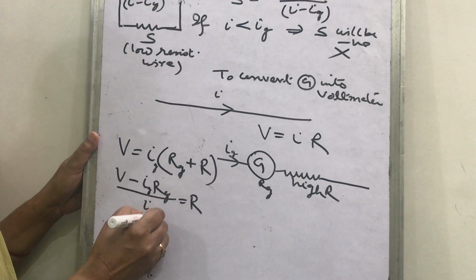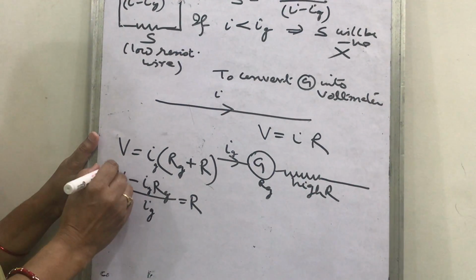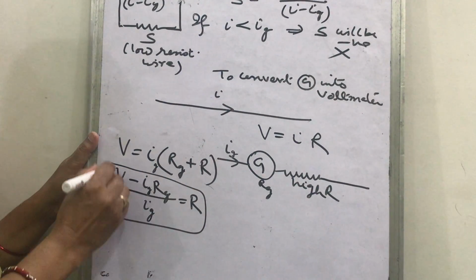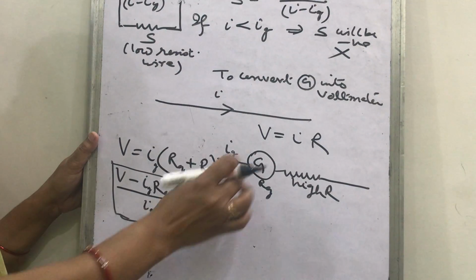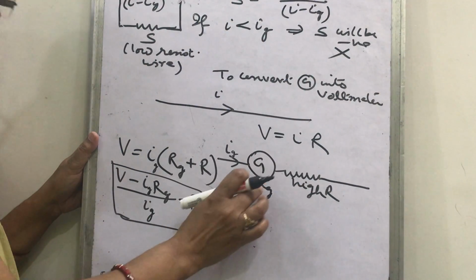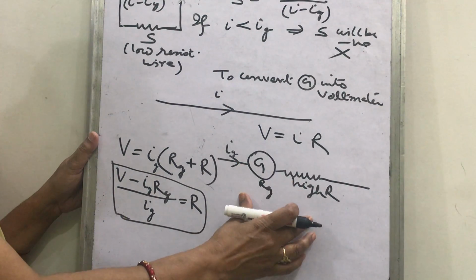So you have written here this is Ig, and you can use this expression to get the value of R, the high resistance to be connected in series with the galvanometer to convert it into a voltmeter.